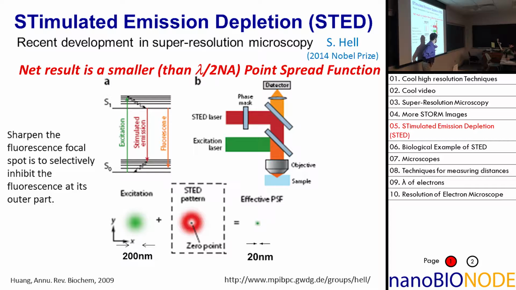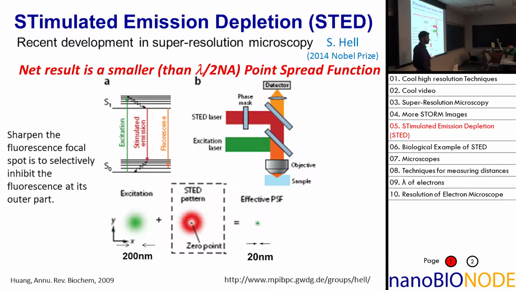And so the result is that you get an effective PSF, point spread function, that is much smaller than this distance, which is lambda over 2. How much smaller? It can get down to like 6 nanometers. 20 nanometers is more common, or actually 40 nanometers is more common.